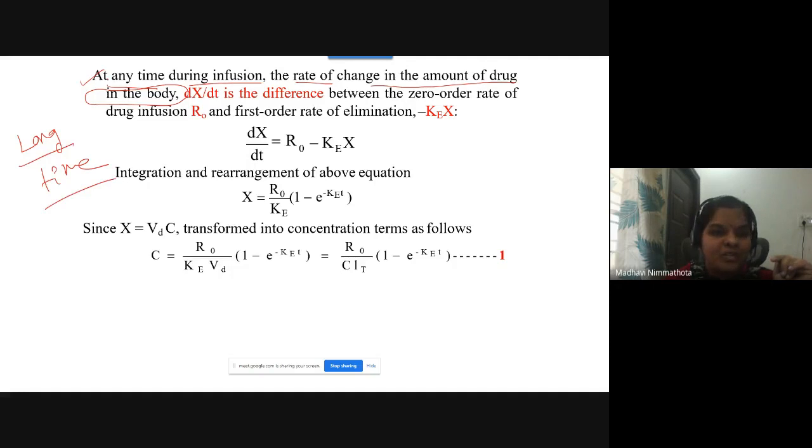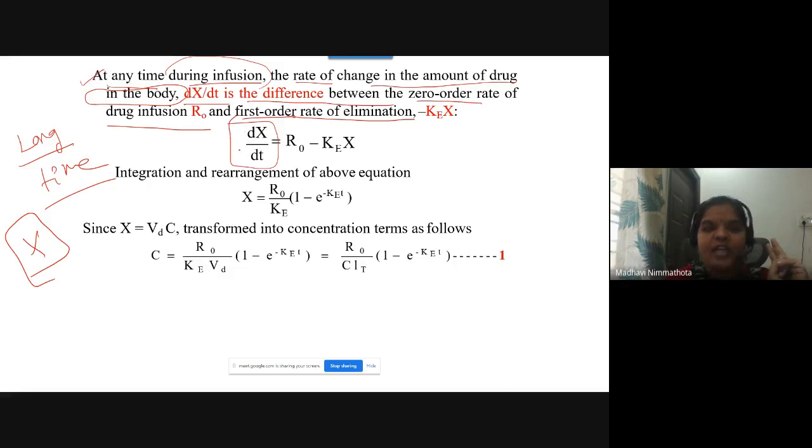So during infusion, the rate of change in the amount of the drug in the body, where X is the amount of the drug in the body, that is dX by dt, is the difference between the zero order infusion rate and the first order rate of elimination. Zero order drug infusion rate is there, and the drug is eliminated through first order elimination.